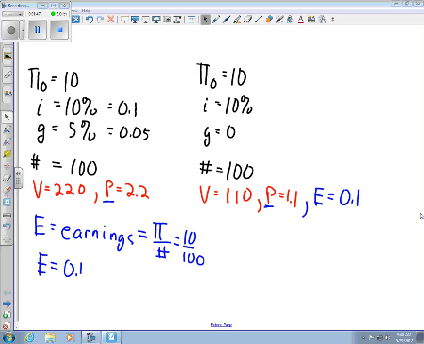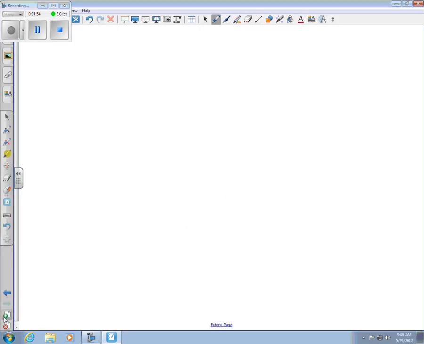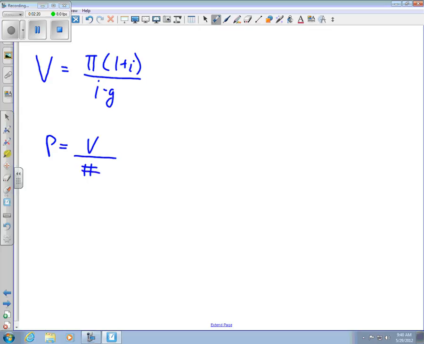Now remember how we got the value of the firm. The value of the firm, V, was equal to profits times 1 plus the interest rate over the interest rate I minus the growth rate G. And the price was equal to the value of the firm divided by the number of shares.